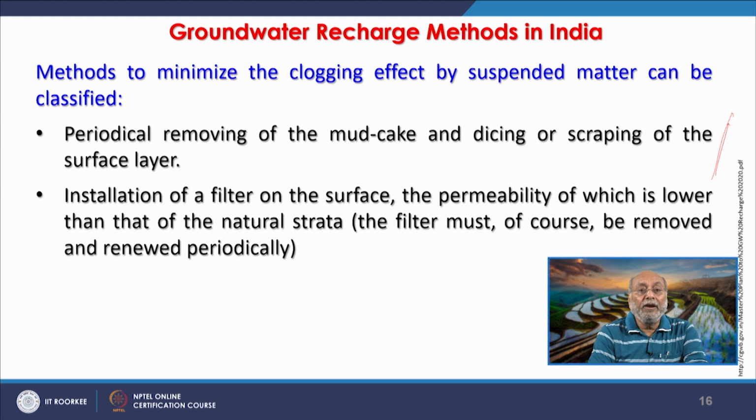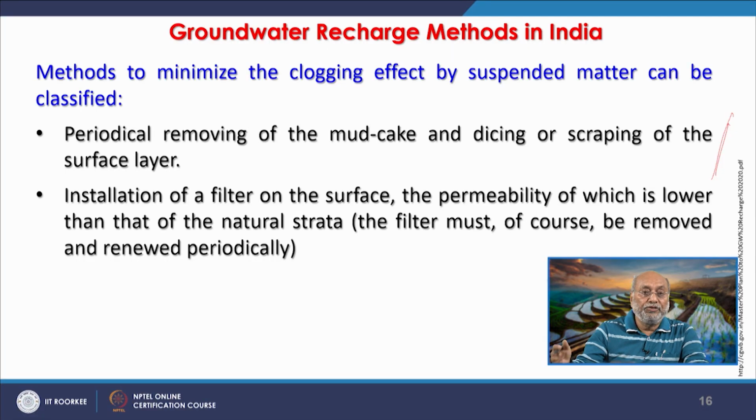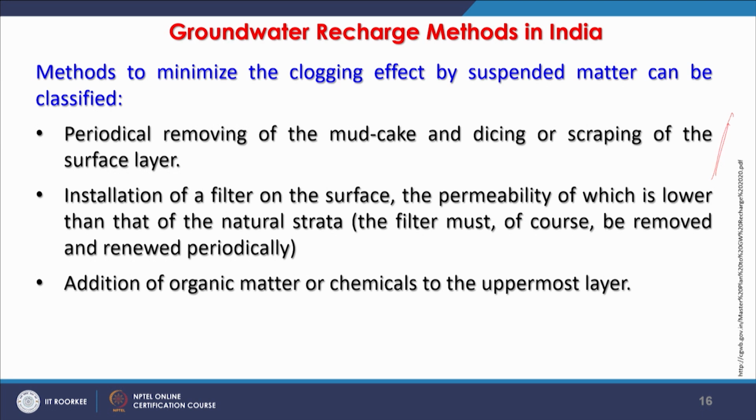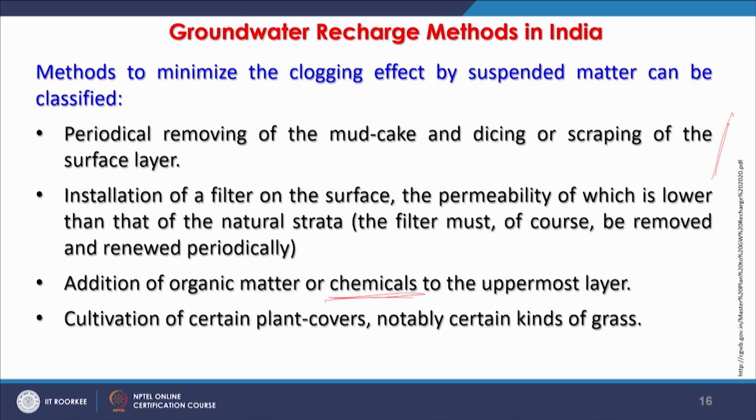Installation of a filter on the surface with a permeability lower than that of the natural strata. If the permeability is lower, the silt settles there, it becomes a filter, and that will not allow silt to go inside. Some organic matter or chemicals can also be used, but this is a last resort and should not be used, because one day they will harm our groundwater quality.